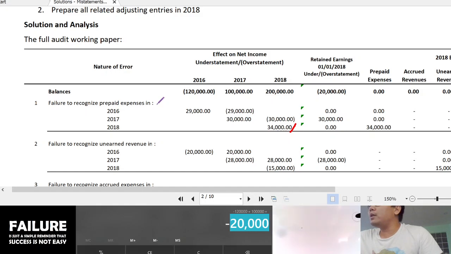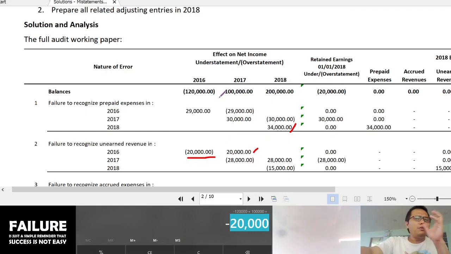Kasi yun nga, dapat, hindi siya dapat revenue mo, pero na-recognize mo na revenue. Sobra yung revenue mo. Diba? Sobra. So, in 2016, we have a 20,000 error. Overstated yung net income natin because of this error. Diba? However, in 2017, it will counterbalance because itong error na to, dapat 2017 mo siya dapat i-recognize, di ba?